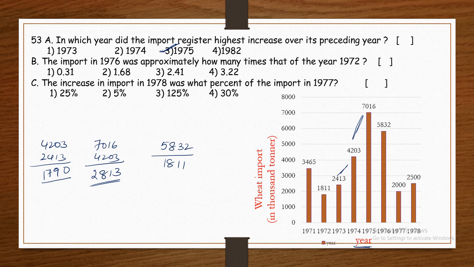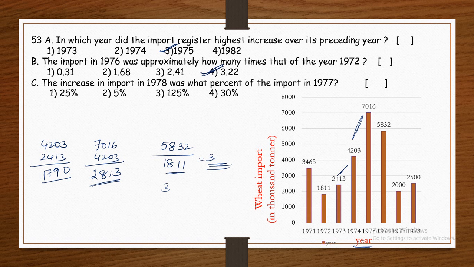So when I divide by 1811, what am I going to get? Clearly 18 2s are 36, 18 3s are 54. So it is crossing some 3 point something, right? Clearly, without doing anything, we can say that it is 3.22 times.